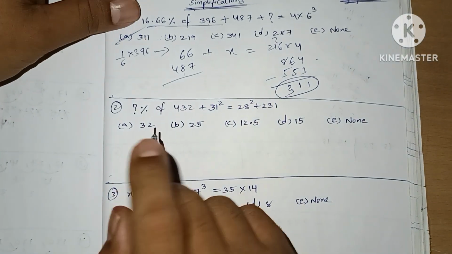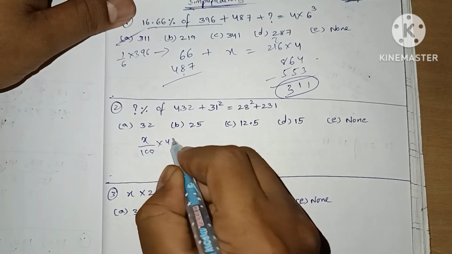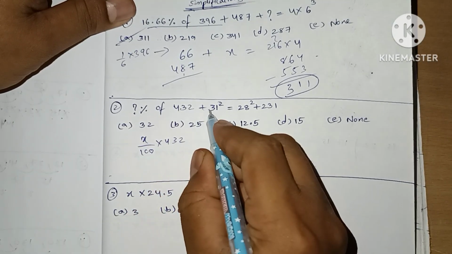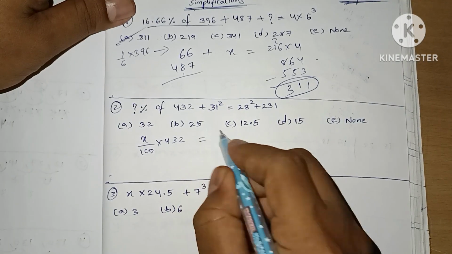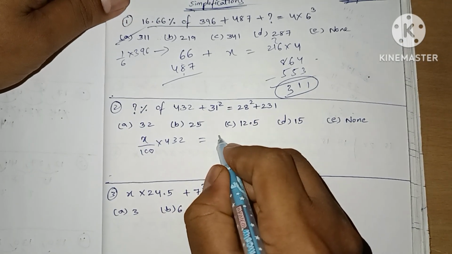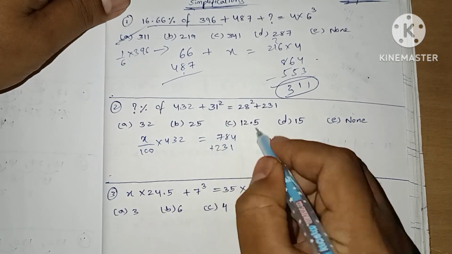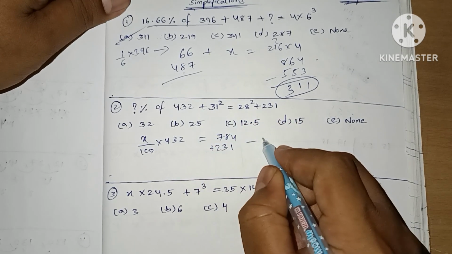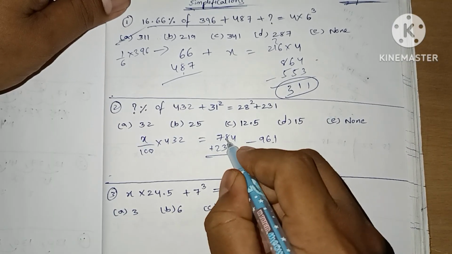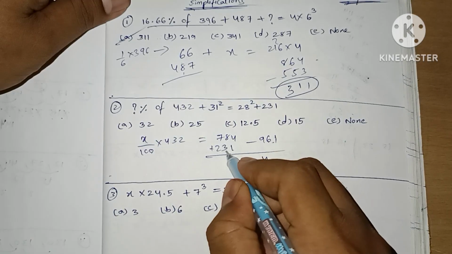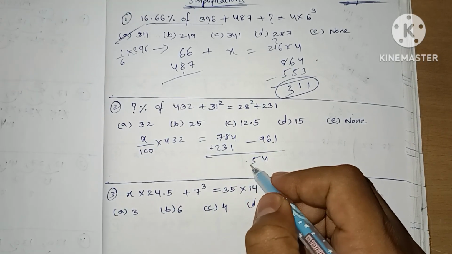Next, second question. Here x divided by 100 into 432. This 31 square will be 961, which comes to this side with minus. 28 square is 784 plus 231 minus this will be 961. 1 and 1 cancel, left with 4. 8 minus 6 will be 2. 2 plus 3 will be 5. 9 minus 9 is 0.